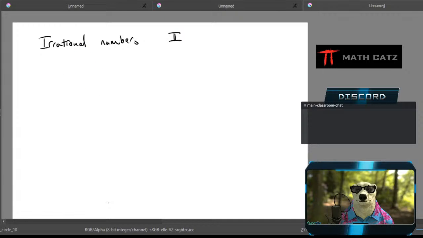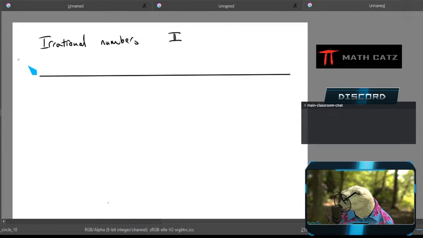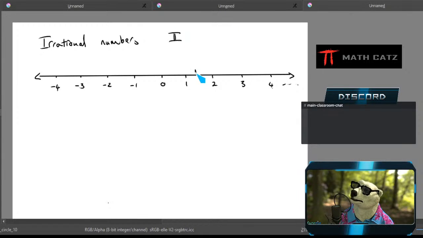Let me redraw the number line. We can create those lengths, so those numbers are there, but they are not fractions. They're something else. And they are scattered everywhere. So square root of 2 sits over here. I think it's 1.4 something.